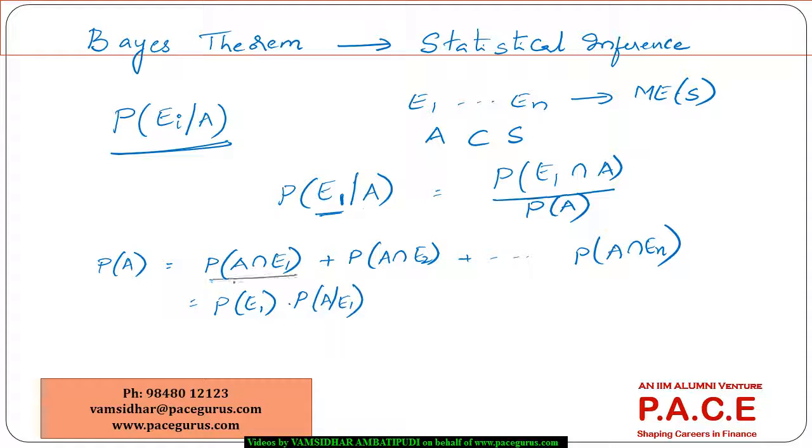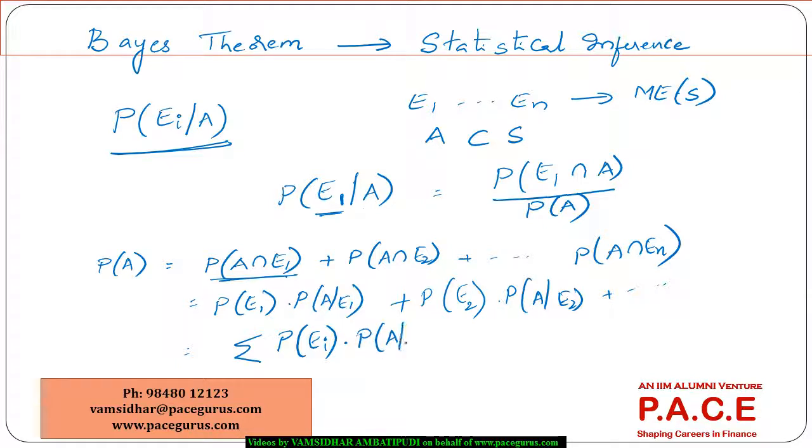This is the multiplication rule, plus probability of E2 multiplied by probability of A given E2 plus so on. So the denominator P of A is nothing but the summation of probability of Ei occurring multiplied by probability of A given Ei. That is the denominator.